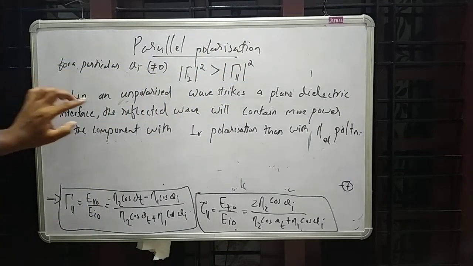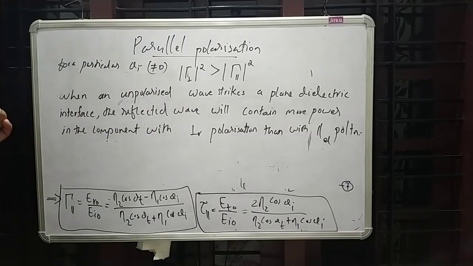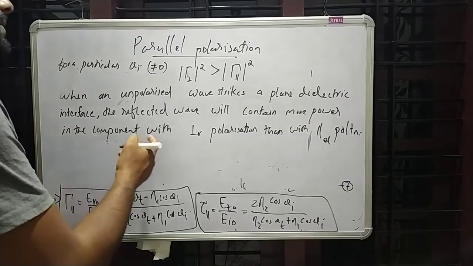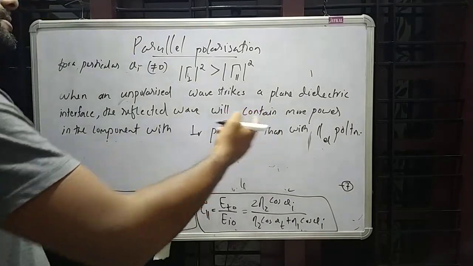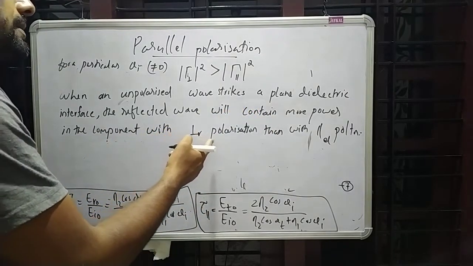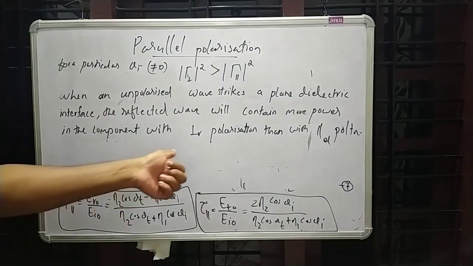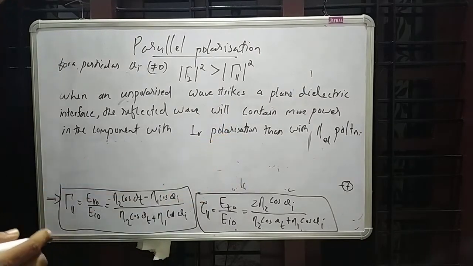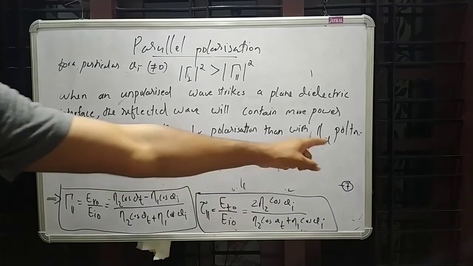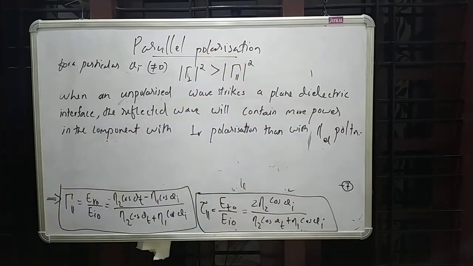That means when an unpolarized wave strikes a plane dielectric interface, the reflected wave will contain more power in the component with perpendicular polarization than with parallel polarization. Perpendicular polarization means the electric field is perpendicular to the plane of incidence, and parallel polarization means the electric field lies in the plane of incidence.